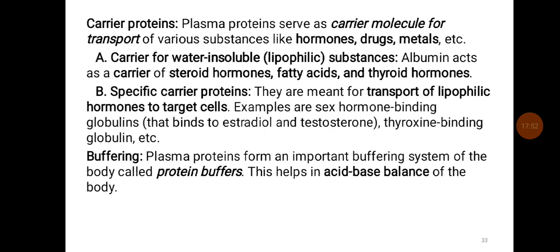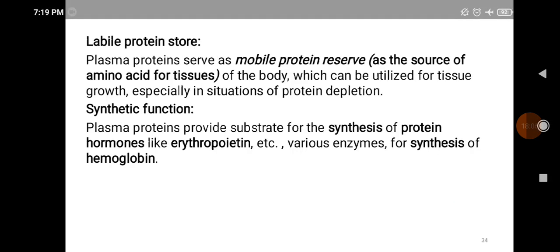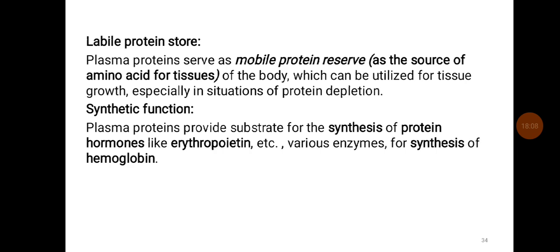Plasma proteins are also important for buffering. Plasma proteins form an important buffering system of the body called protein buffers. This helps in the acid-base balance of the body. They act as a labile protein store.